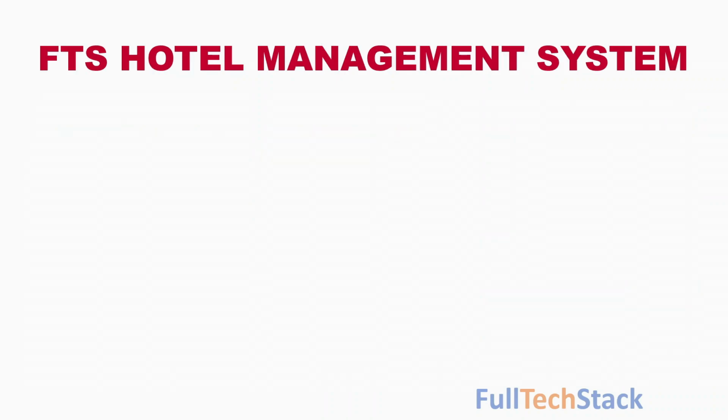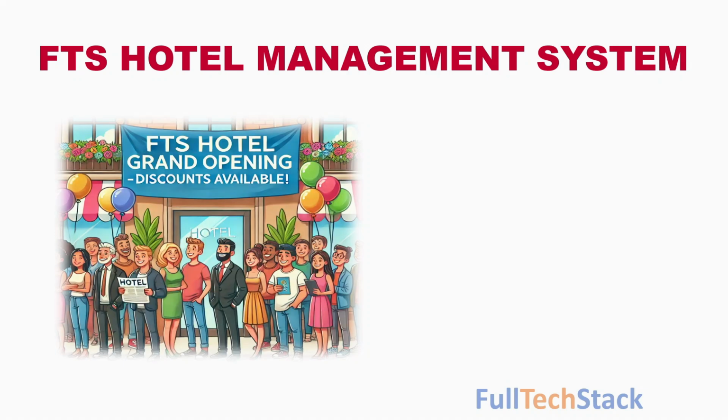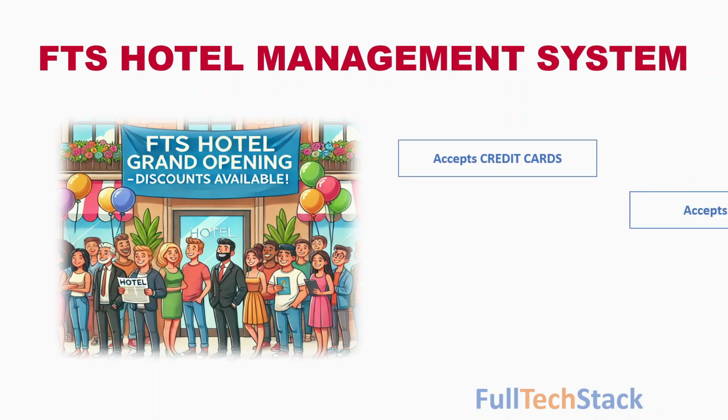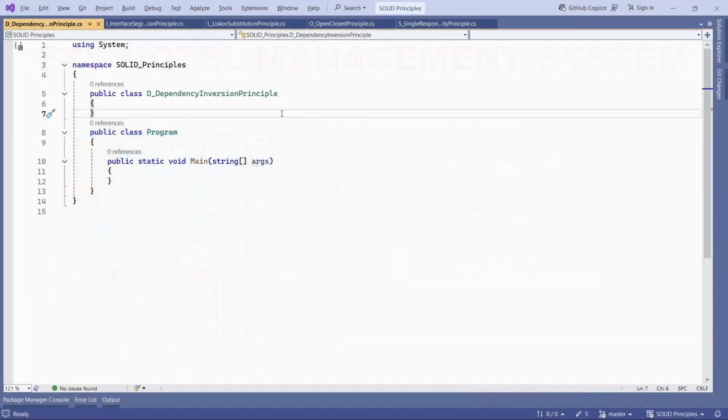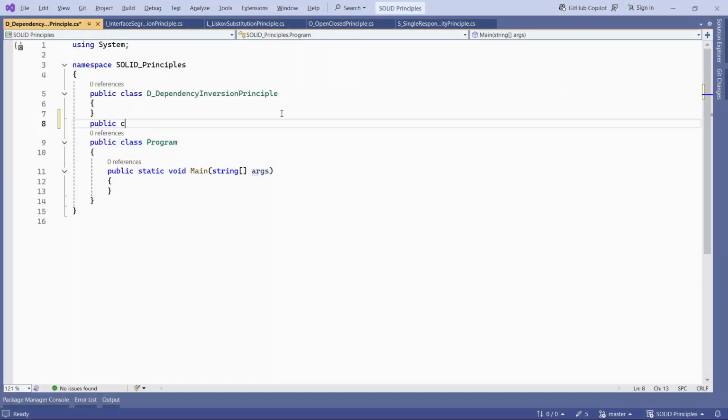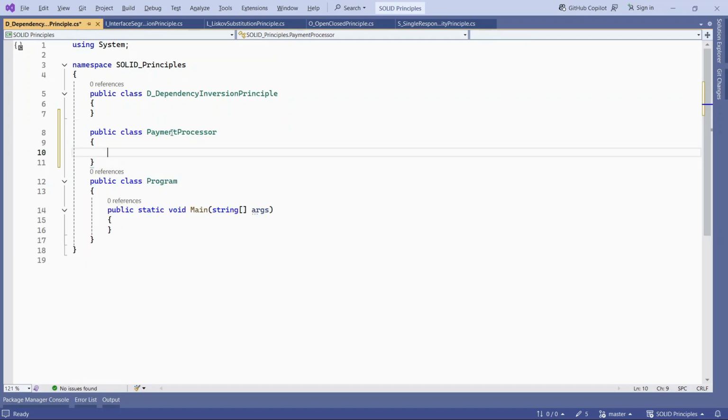Now, let's try to bring this concept into our FTS hotel management system and depict this in our code. Since our hotel has recently opened, we are offering multiple payment methods like credit cards, PayPal, and the wallet payments. Now, to implement this in our code, let's create a class PaymentProcessor, and inside it, let's create all the available payment methods.